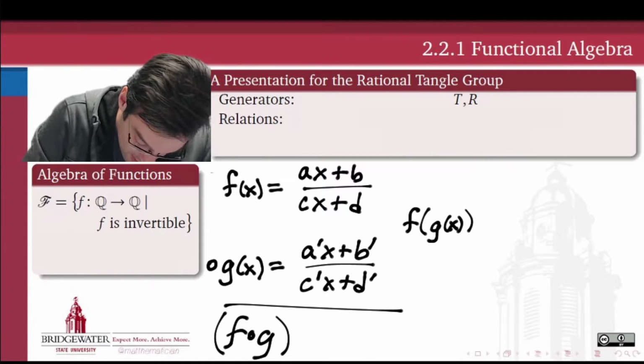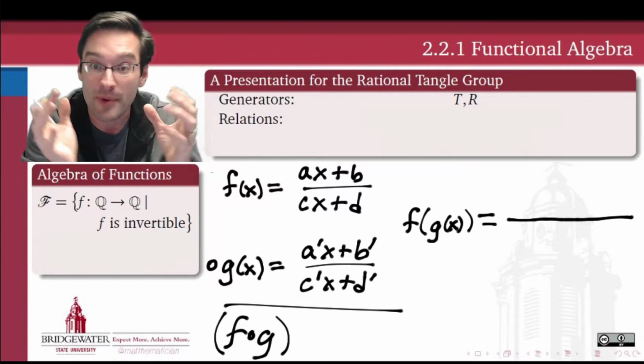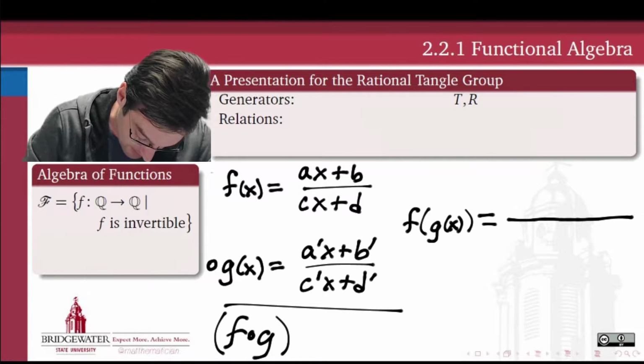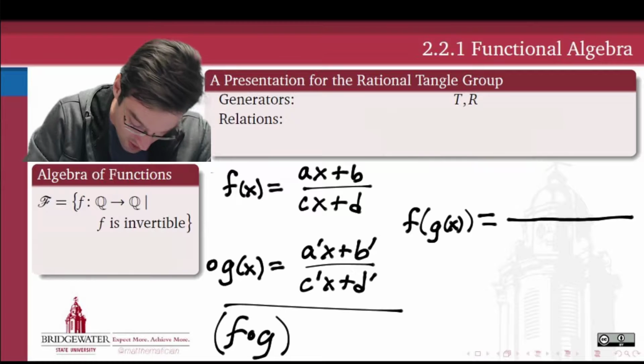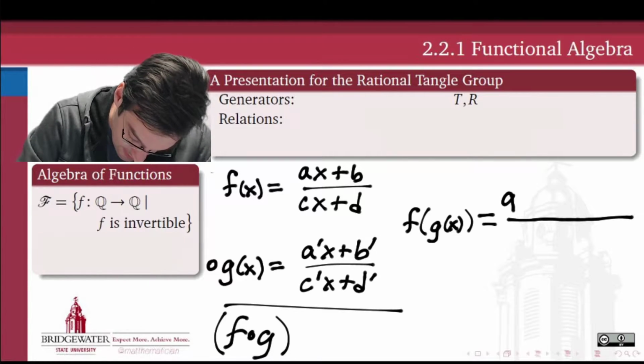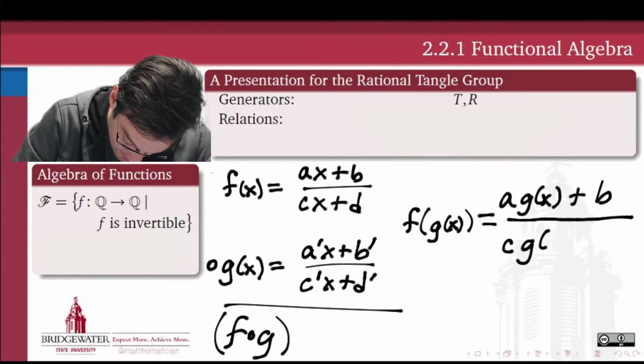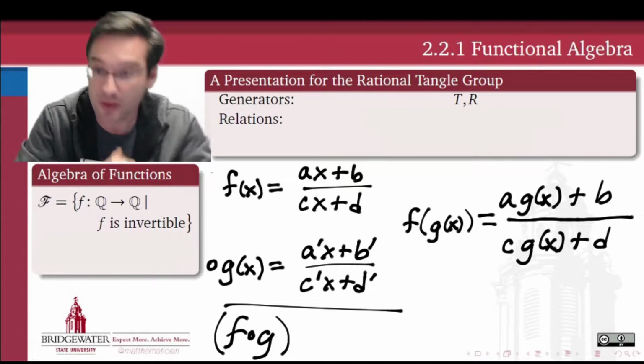Let's just do the awful computation. I'll do this one so that you don't have to, of what we get when we compose these two functions together. So I'm taking g of x and I'm plugging it into the input of f. So I'm going to get a times g of x plus b over c times g of x plus d. Right?